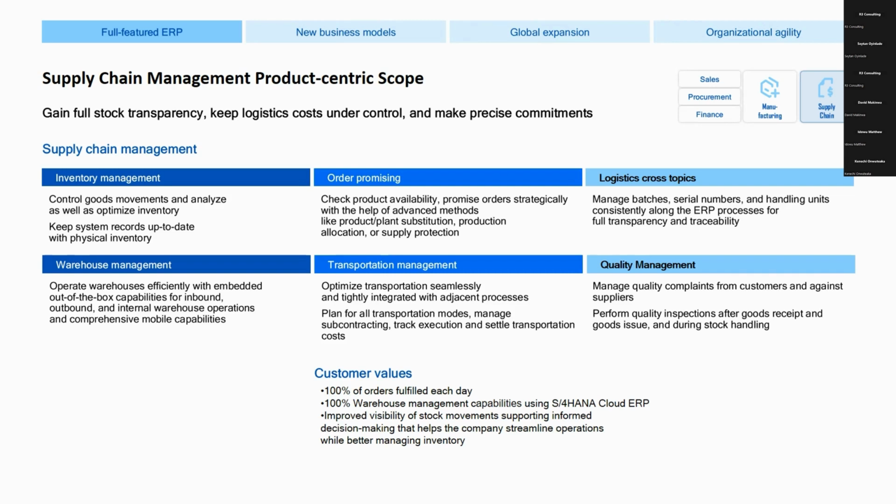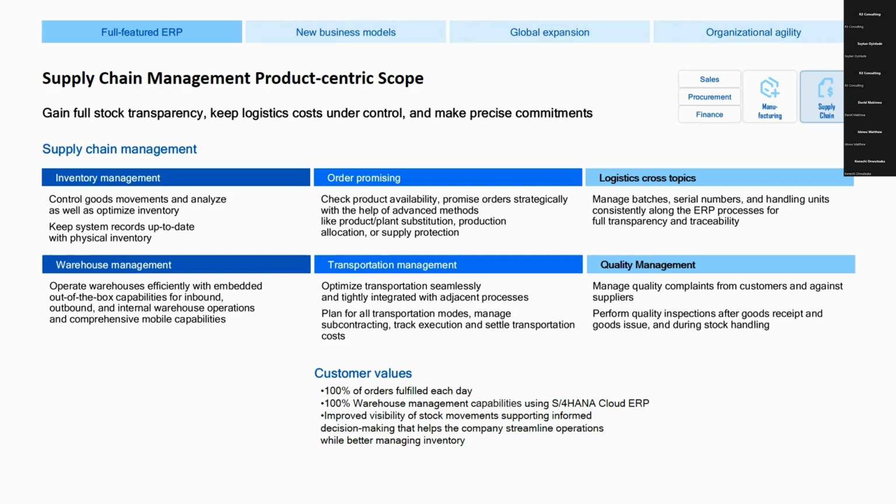Under inventory management, in supply chain management, you can control goods movement and analyze as well as optimize inventory. You can also keep system records up to date with the physical inventory features embedded in supply chain. We also have what we call order promising, where the system helps you check product availability and promise orders strategically with the help of advanced methods like product stock plan substitution.